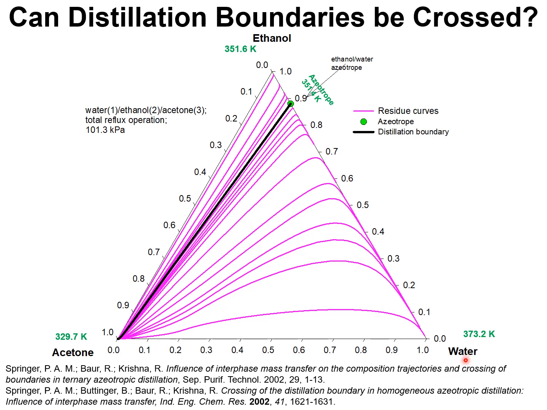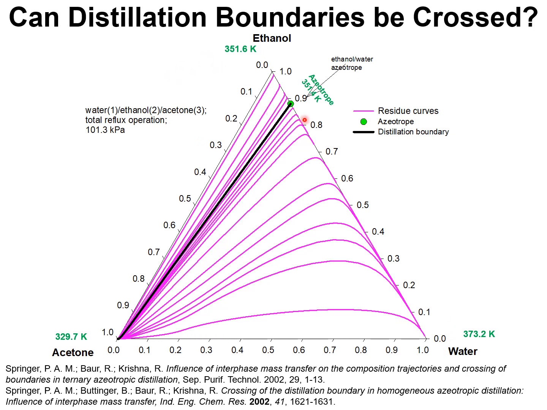The least volatile component is water, with a boiling point of 373.2 Kelvin. Ethanol is the component of intermediate volatility, with a boiling point of 351.6 Kelvin.